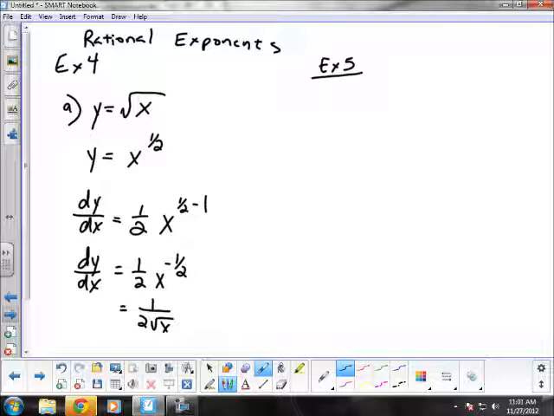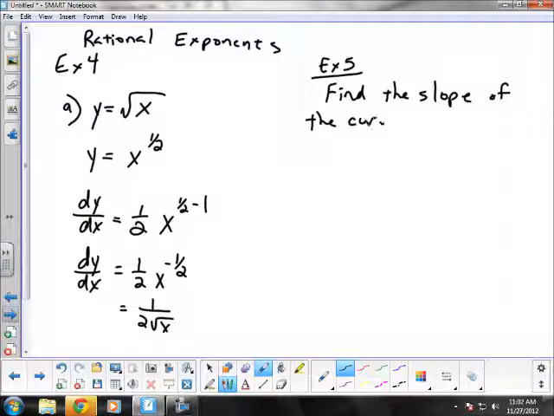So it says here in example 5, we're supposed to find the slope of the curve 2 times the quantity x plus y to the 1/3 is equal to y at the point (4, 4).